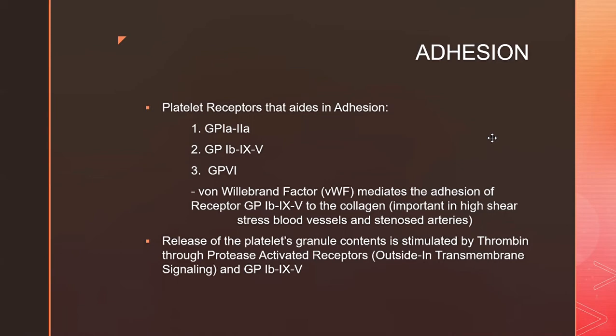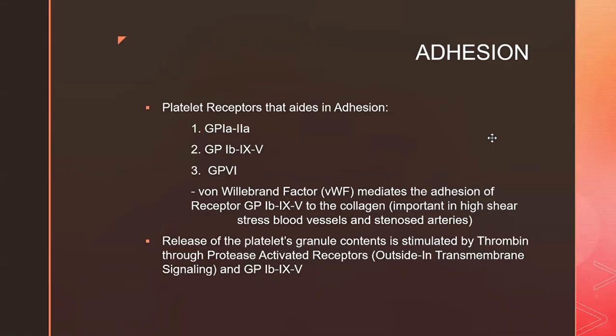And your platelet has 3 major receptors that aid in adhesion: your glycoprotein 1A, 2A, your glycoprotein 1B, 9 and 5, and your glycoprotein 6. Okay? Ewan ko kung bakit mga Roman numerals yung ginamit nila dyan, pero those are the 3 glycoproteins na receptors for adhesion.